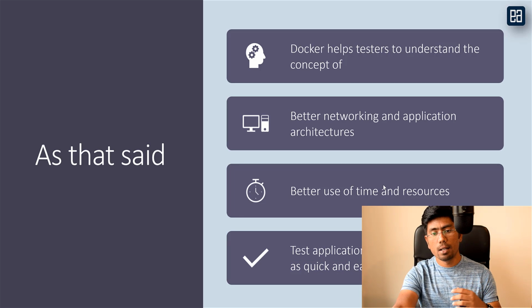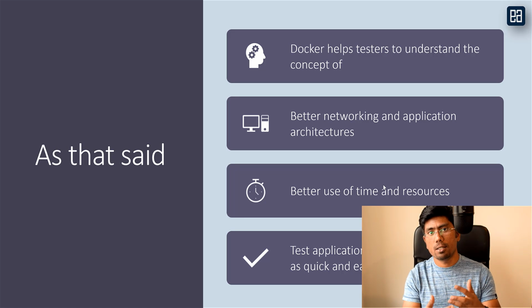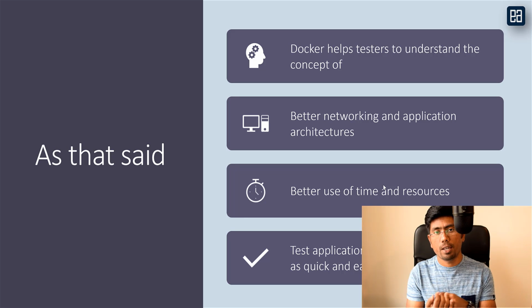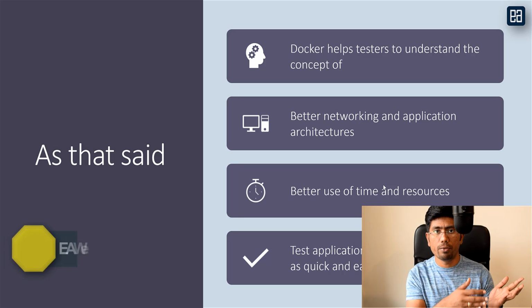As I said, Docker helps testers understand the concepts of better networking and application architectures, because we are creating images, writing container YAML files, and then spinning them up. So we are doing so many things as a tester if we learn Docker, and we can make better use of time and resources, because Docker will help save a lot of time compared to virtual machines.